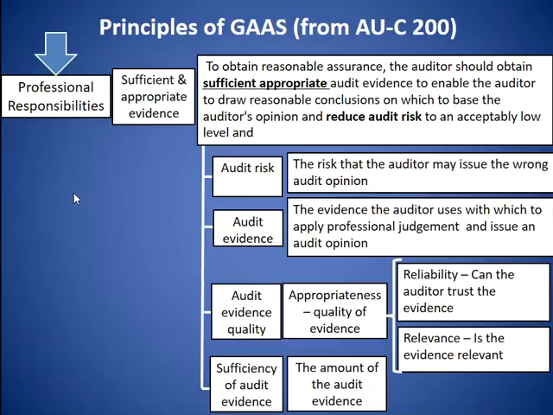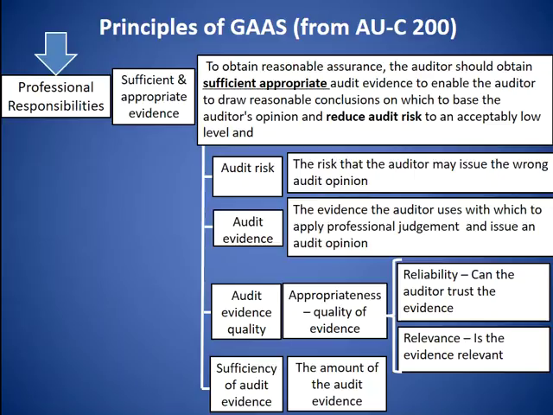But I have a couple of definitions here about sufficient and appropriate audit evidence, and I've got a new term in here that you haven't heard before. I say reduce audit risk. So we're going to talk about these items right now so we can define them, and this will hopefully make this definition make more sense. The word audit risk is a very common term under audit standards.